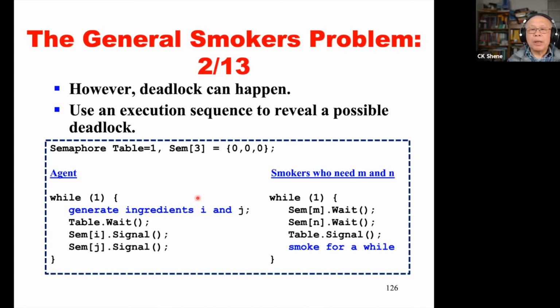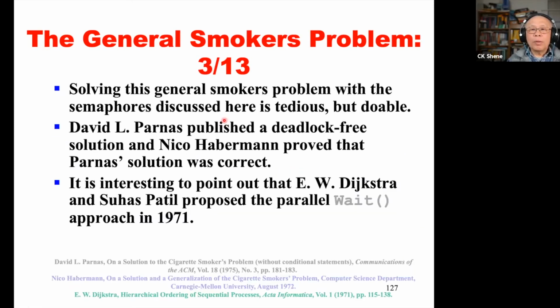However, he made an incorrect claim, saying that the semaphores we discussed so far may not be able to solve this problem. Solving this general smokers problem with the semaphores discussed here is a bit tedious, but doable.